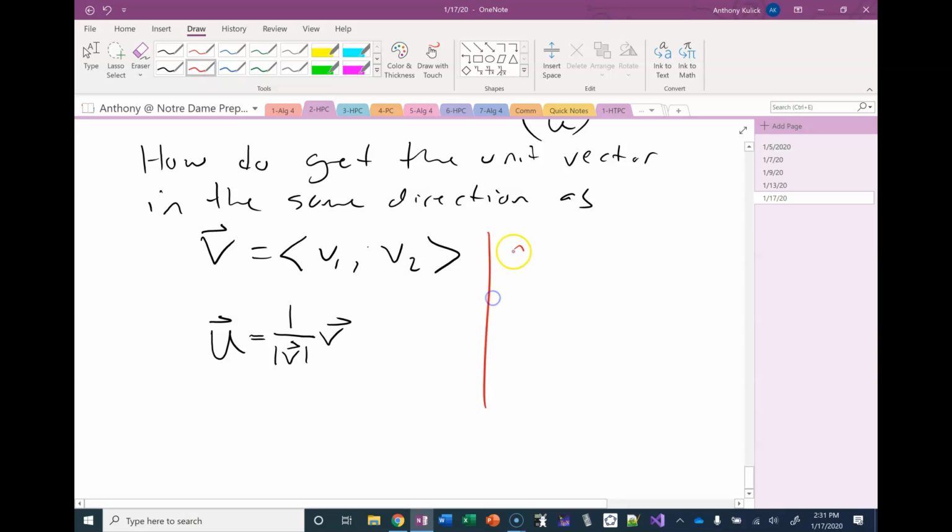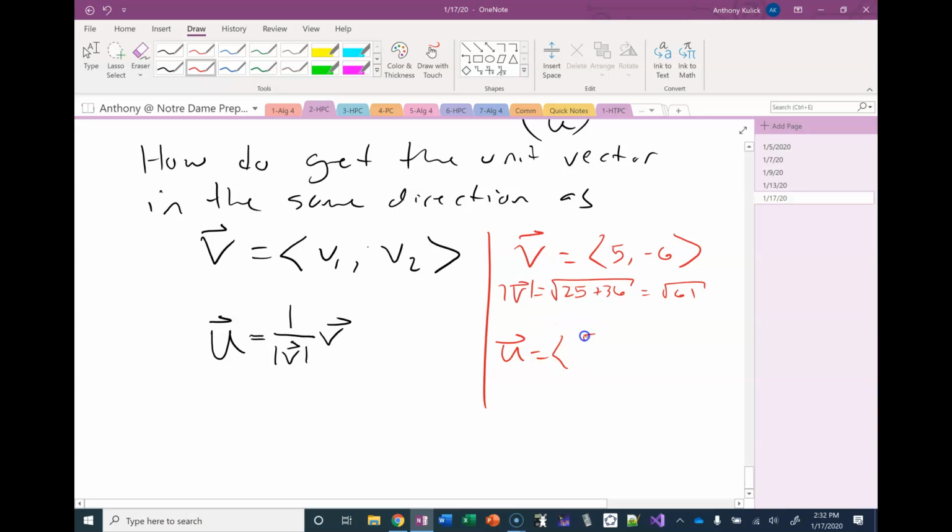So let's say here, just to do a numeric example, just so we're all on the same page, that v is the vector 5, negative 6. What's u going to look like? Well, I'm going to need to know the magnitude of v. That's going to be 25 plus 36, so the square root of 61, right? Everybody's good there?